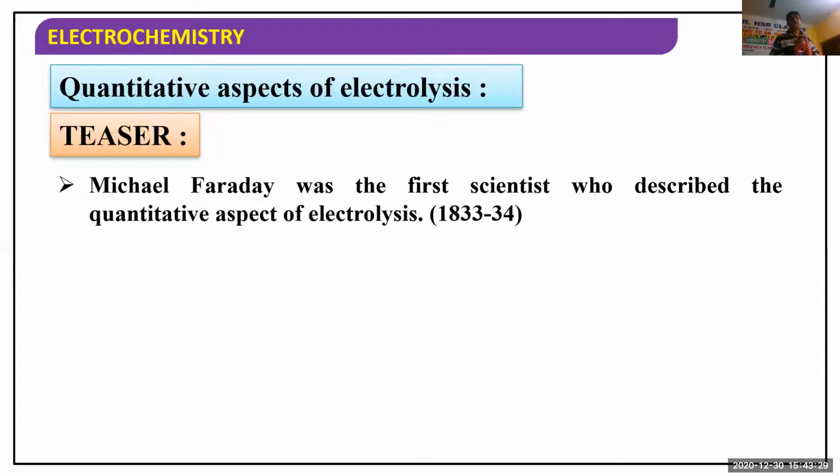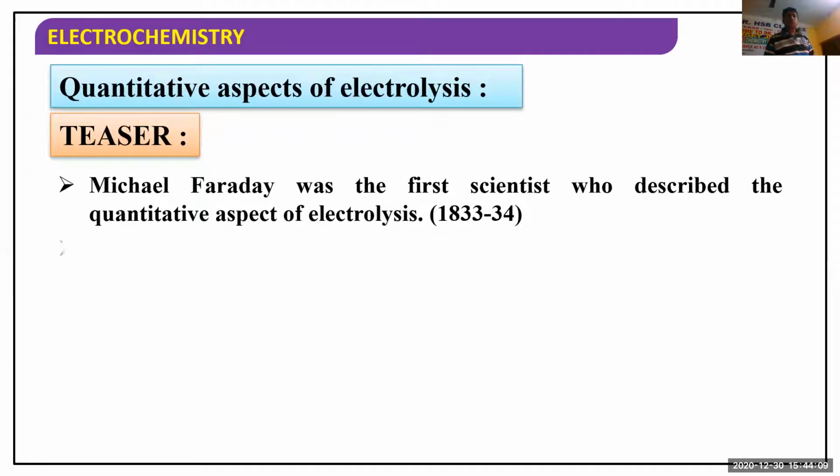That is quantity, like 2 gram, 5 gram, 10 gram, 1000 ton, etc. It is known as quantity, or the number of grams which can be deposited on cathode or anode, or we can prepare or extract metal in gram or ton or quintal, etc. So Michael Faraday was the first scientist who described the quantitative aspects of electrolysis in 1833 to 34.